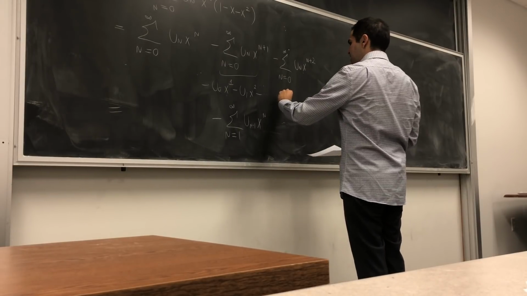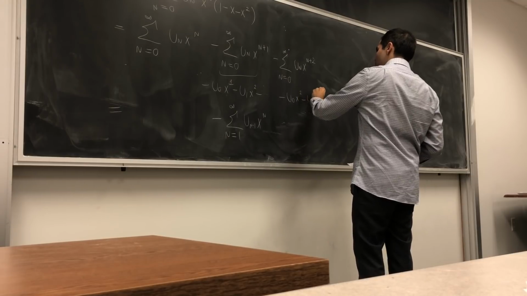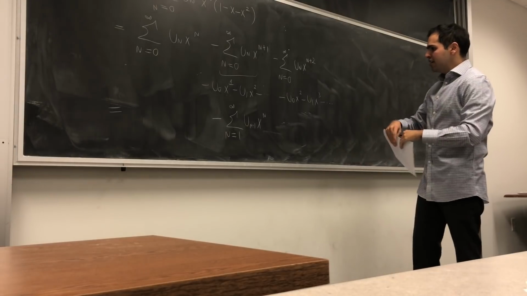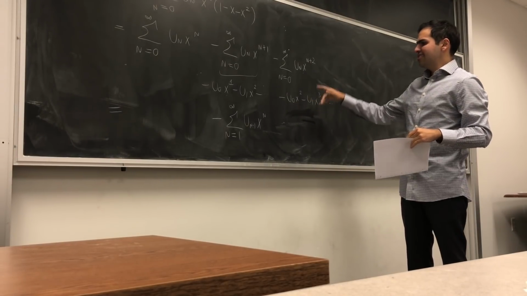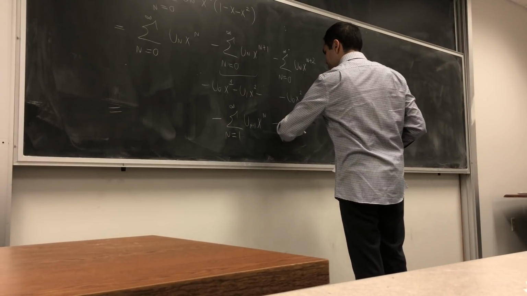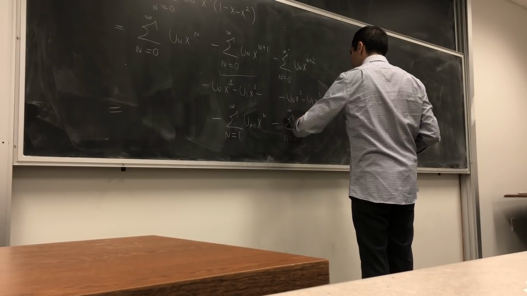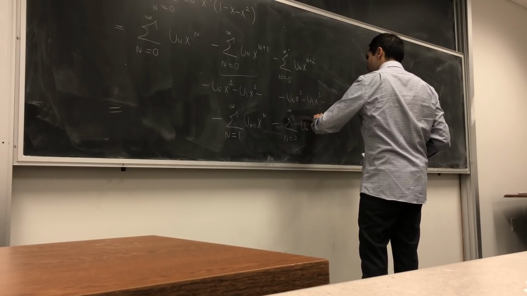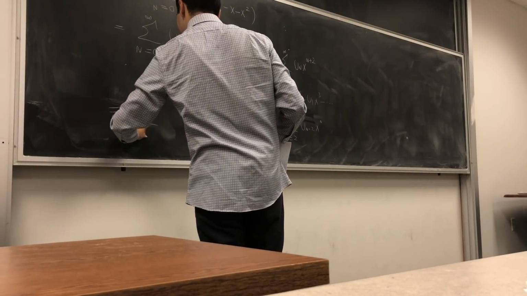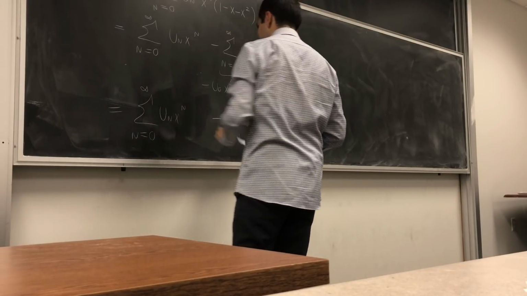And what about here? We get minus u_0 x squared minus u_1 x cubed, etc. So here, the index is 2 less than the power of x. So sum from n equals 2 to infinity of u_{n-2} x^n. And lastly, this thing is still the same. Sum from 0 to infinity of u_n x^n.